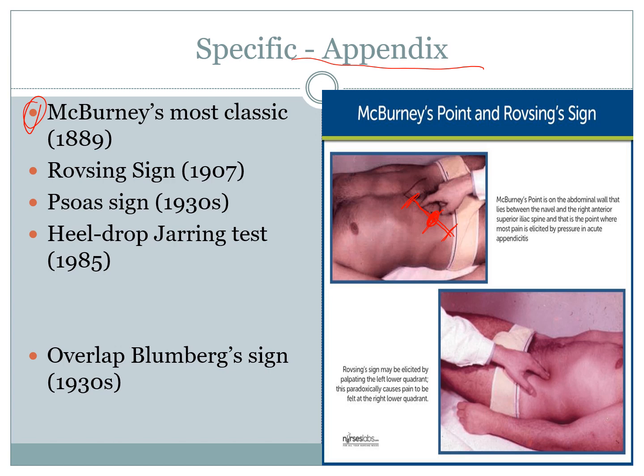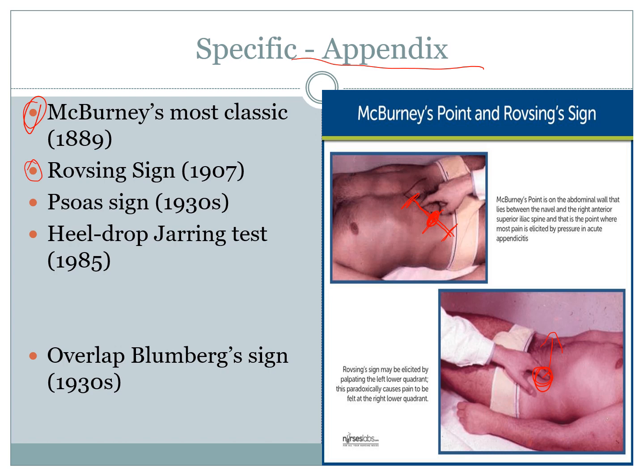Now, a different sign, which was Rovsing's sign, is the same test but done on the opposite side. And you actually still get rebound tenderness on the right lower quadrant where the appendix is, but it's referred from the left-hand side.